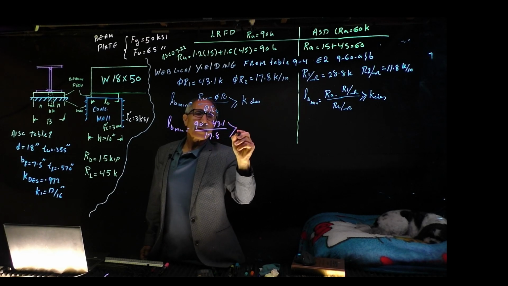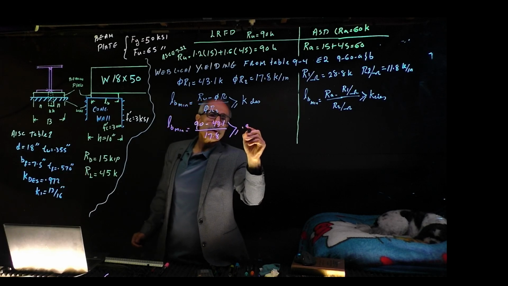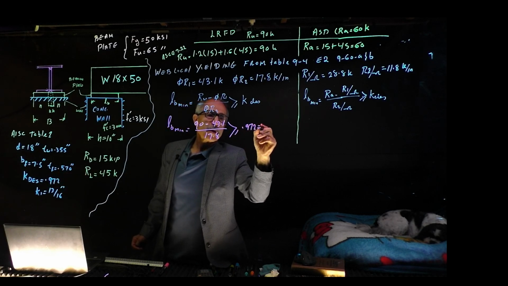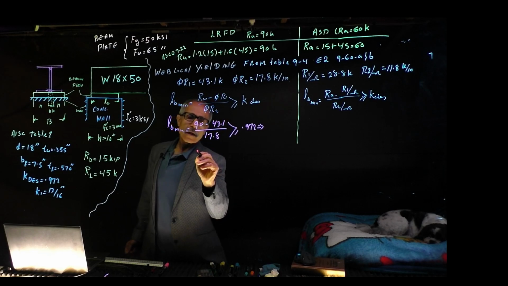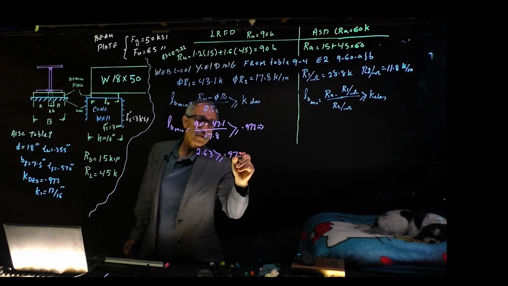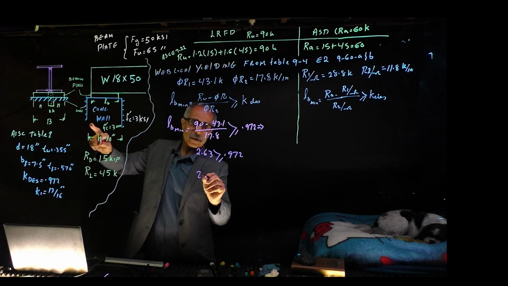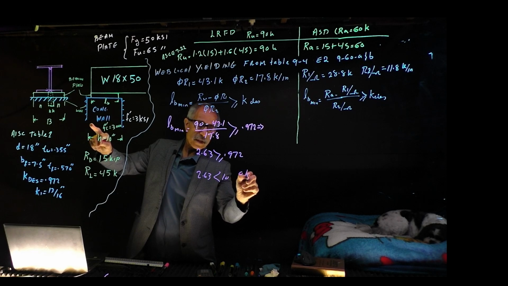That should be bigger than or equal to k_des, 0.972. I got 2.63, which is bigger than 0.972. We have 10 inches available, so 2.63 is less than 10 inches available, so we're okay right here.